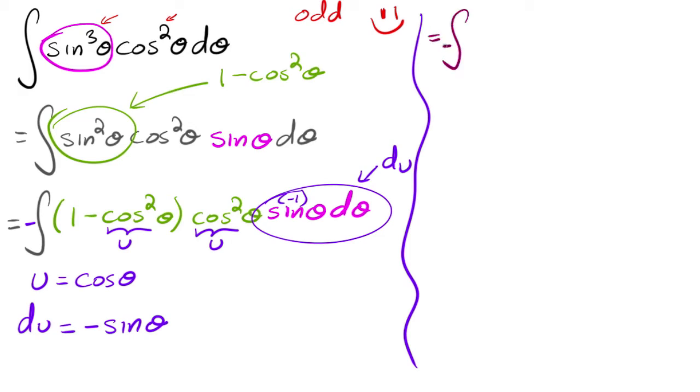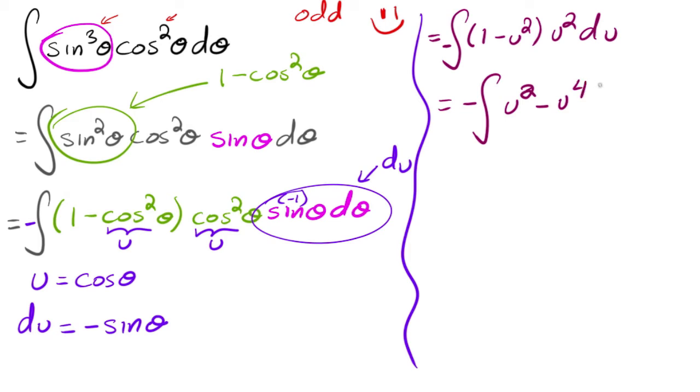What we have then is negative the integral of 1 minus u squared times u squared du. And at this point, this one is pretty easy. We distribute. We would get u squared minus u to the 4th du.